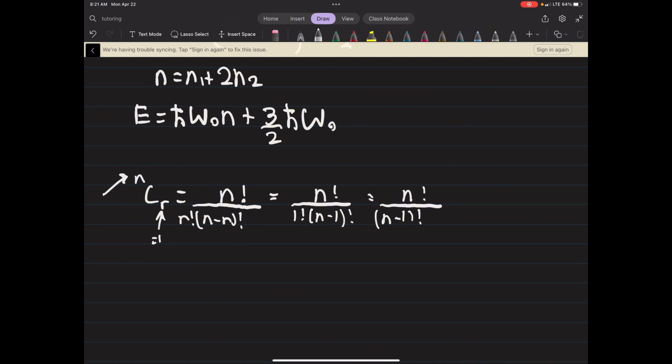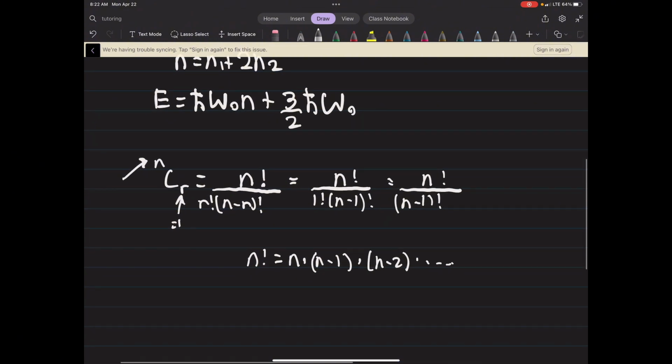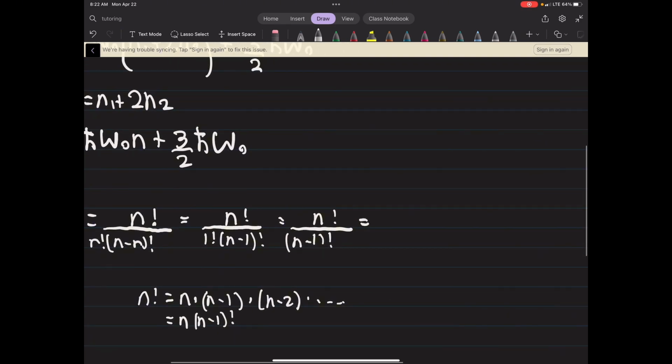Now, we can simplify this a little bit. So factorial, for example, n factorial is n times n minus 1 times n minus 2 times and so on. So n factorial is n times (n minus 1) factorial. So this is n times (n minus 1) factorial over (n minus 1) factorial.